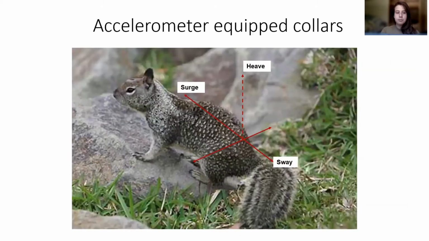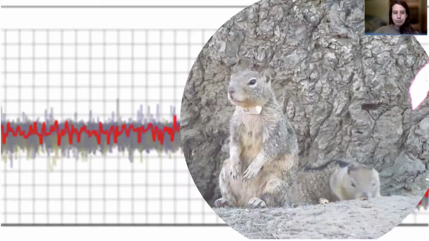ground. And to do this, we are deploying collars equipped with accelerometers, which are sensors that are small spring-like sensors that generate voltage that is proportional to the change in acceleration that an animal is experiencing as it moves through space.